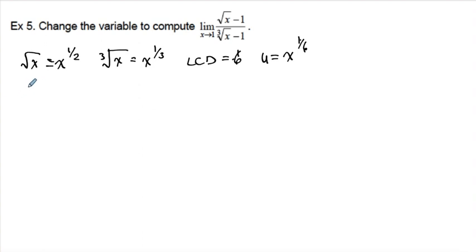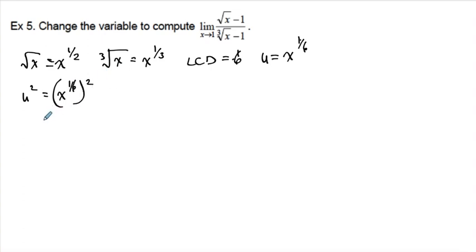If I try to figure out what u squared is, I can write that in terms of my square root of x, or even in terms of my cubed root of x. So let's see what happens there. If u is x to the 1/6, what would u squared be? Well, u squared is going to be x to the 1/6 times 2, or squared.